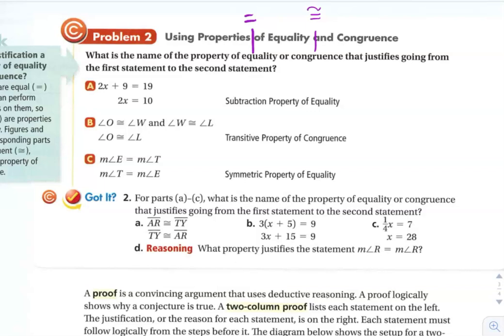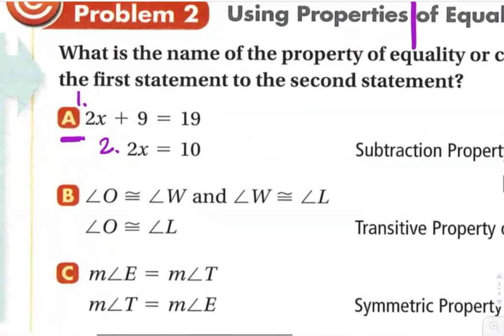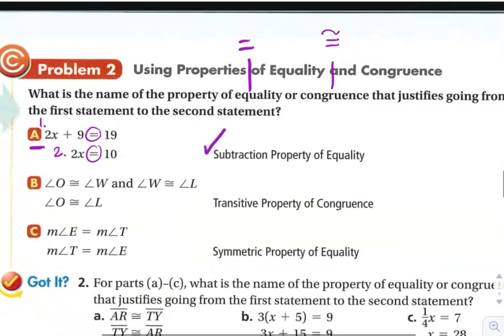I'm not going to be too much of a stickler about the two, but just know that there is a difference. So looking at problem A, you guys can see to get from step 1 to step 2, right? You're just subtracting 9 on both sides, and you have an equal sign there. We're going to call that the subtraction property of equality.